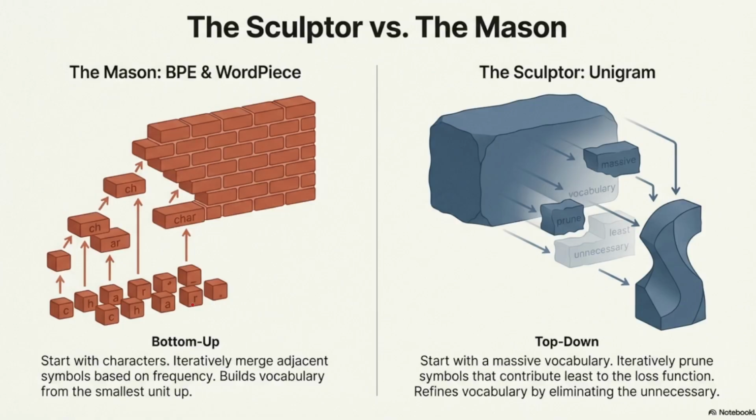It's a top-down approach. We start with a massive vocabulary, much larger than what we actually want, and we systematically remove tokens until we reach our desired vocabulary size. It is a process of refinement rather than construction. So we start big and then get smaller.